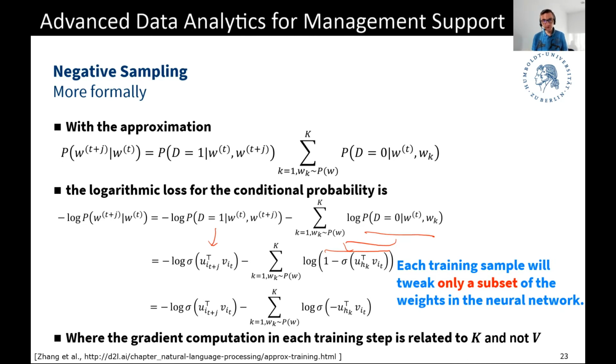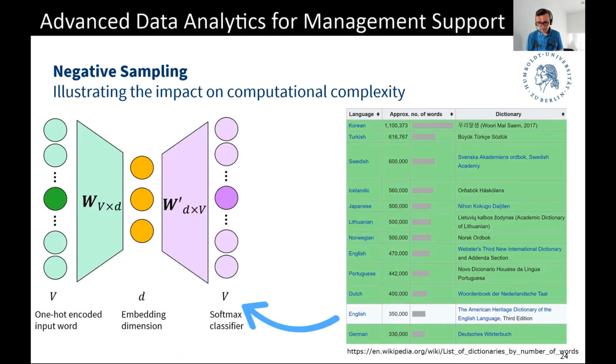And to stress how this gives you a major speed up, you could consider the size of the vocabulary of several languages. Here is a little table showing us the size of the vocabulary for Korean and Turkish and Swedish and Japanese and other languages. And for English, it depends a little bit on which dictionary you're considering.